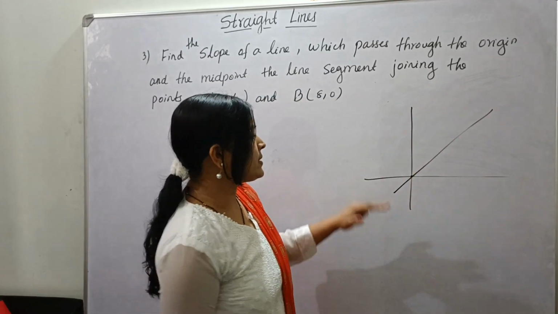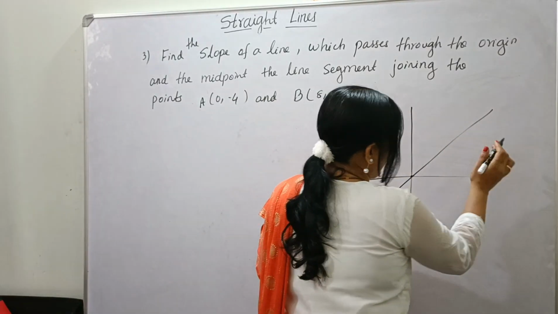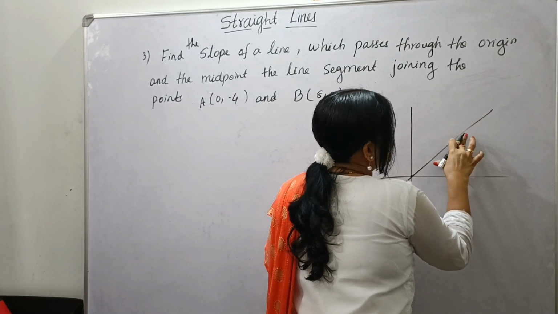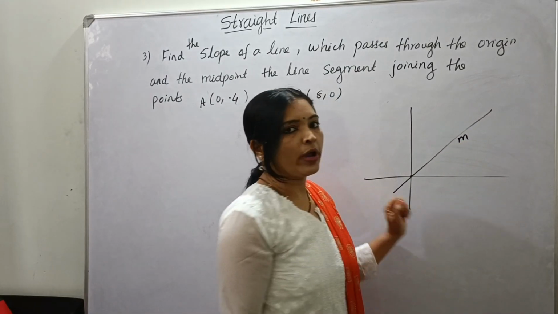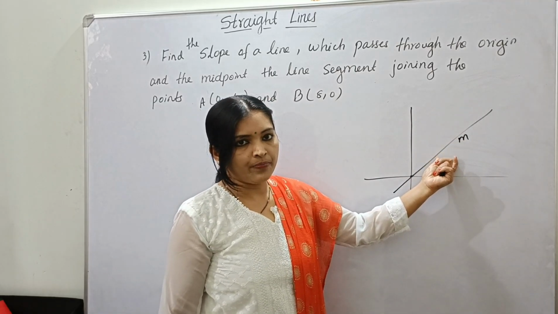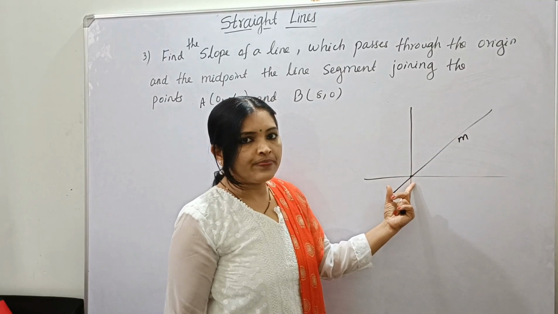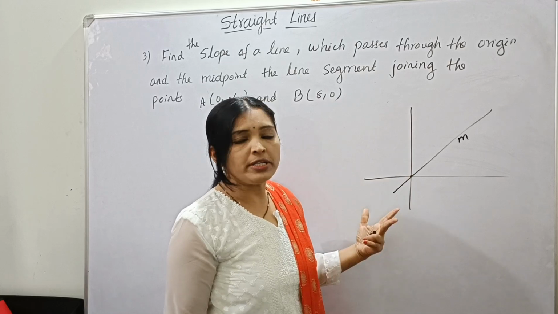Suppose this is the line. Here we have to find the slope m of this line, which passes through the origin, and another point is given.